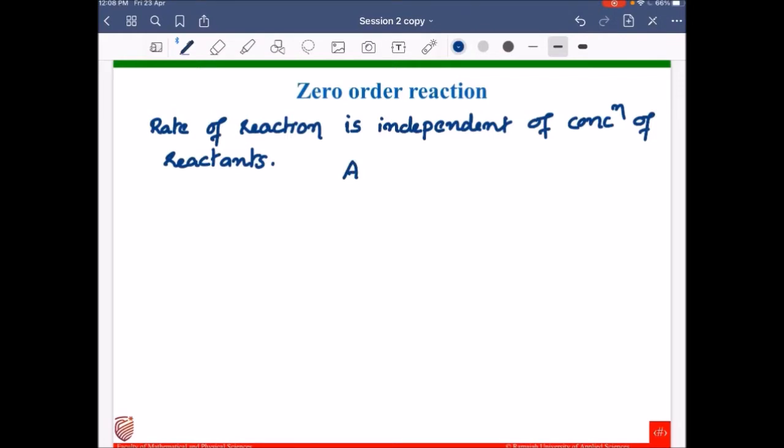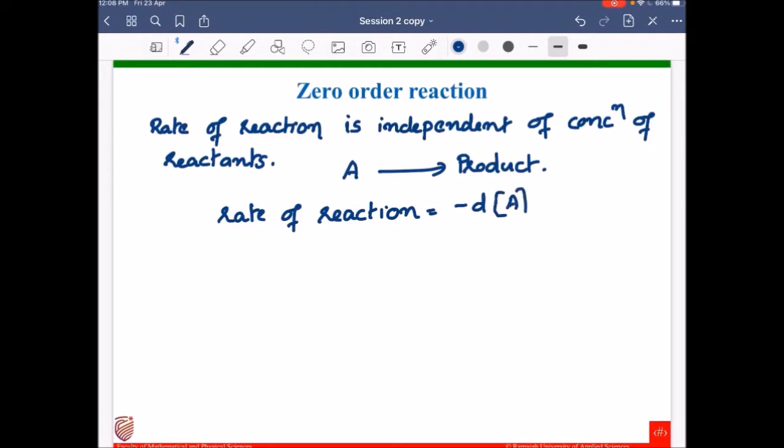We consider a zero order reaction. A gives products. Here A is the reactant and this reaction follows zero order reaction. We will be able to write equation for rate of reaction: minus d of concentration of A with respect to time.